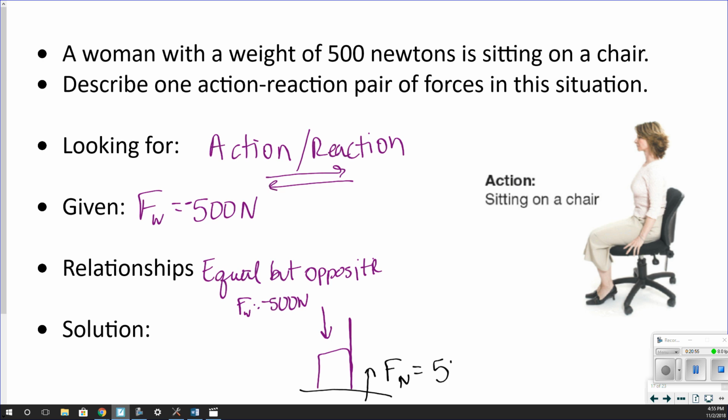We're going to have a positive 500 newtons here. Because remember, equal but opposite. So negative 500 and positive 500, equal and opposite there. And remember, our normal force, this is our reaction. Her sitting is our action.